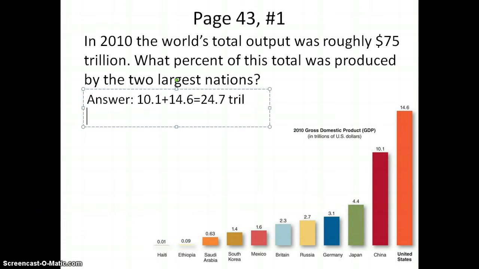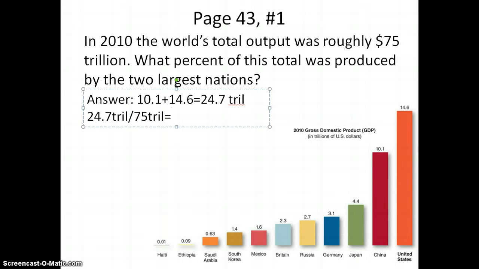But we want to know what it is as a percentage of the total amount produced by these nations. So if we want the fraction of the whole, that means we're going to have to take the amount for our 2 nations and divide it by the 75. Now both of these are in trillions, which is nice, because that means it cancels out and we don't have to deal with all those zeros.